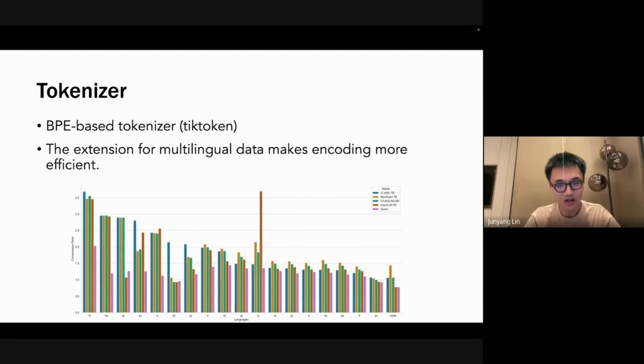For cl100k, I don't know if you know about it, the GPT-4 tokenizer, it is a good start, but we have extended it for some multilingual support. Most of the support was for Chinese at that time, because we did not really expect to build a multilingual model then. So we did most of the work for Chinese, but we also did some simple things for other languages.